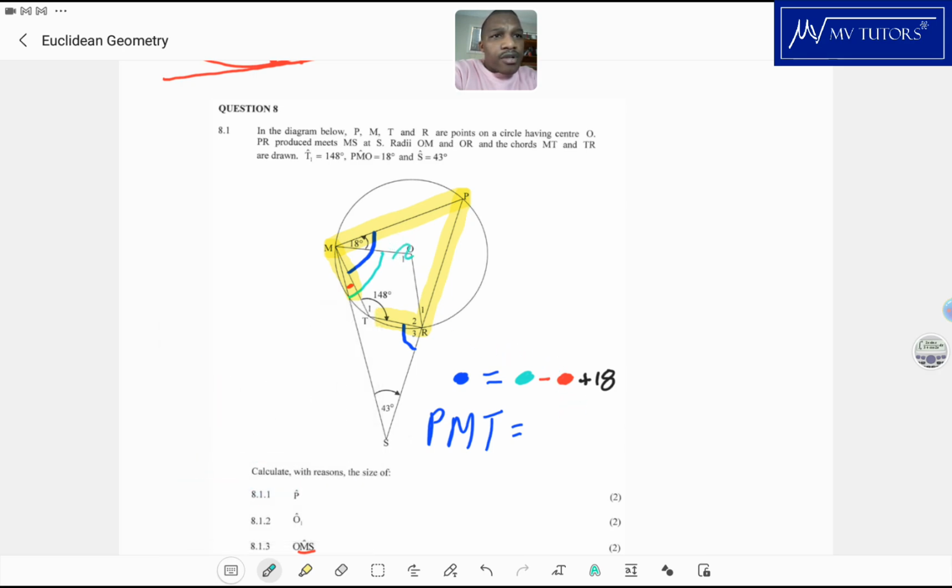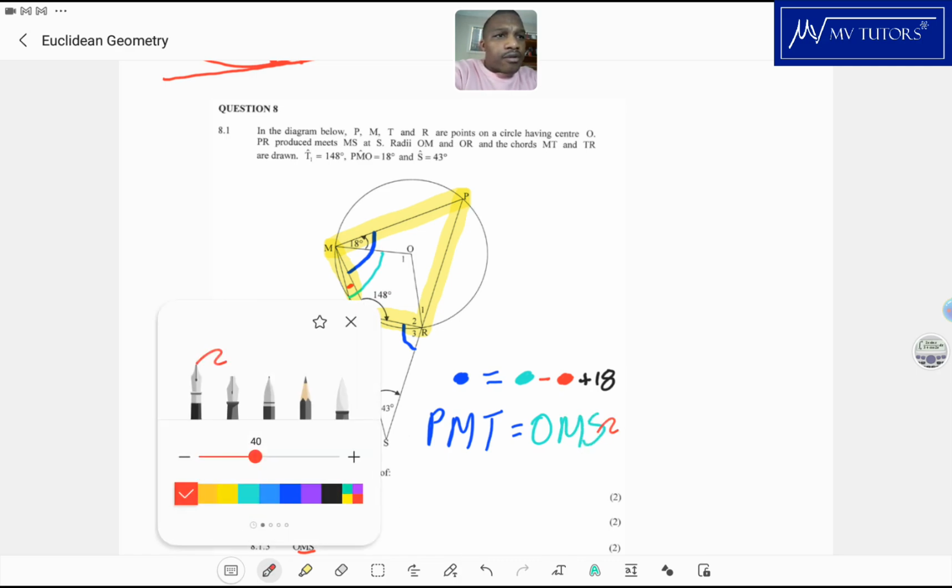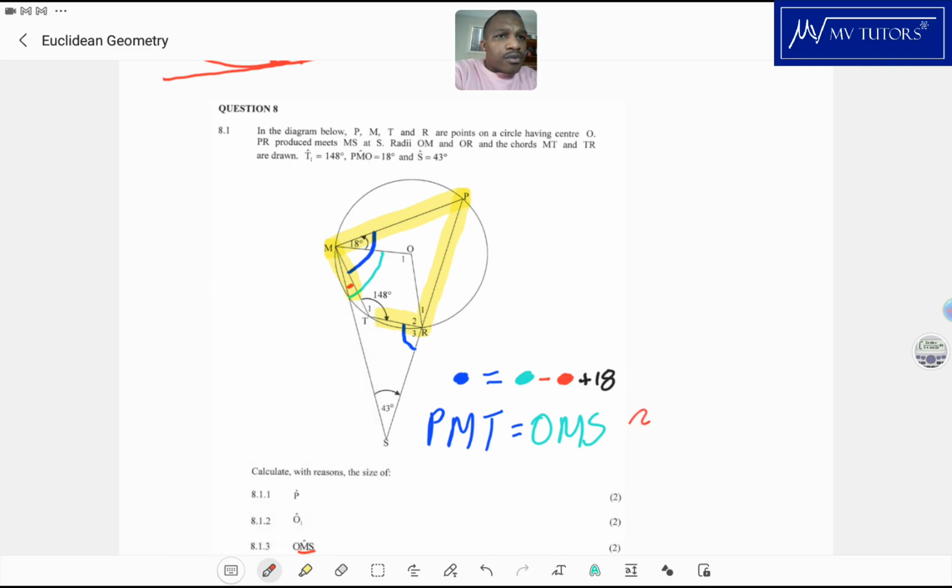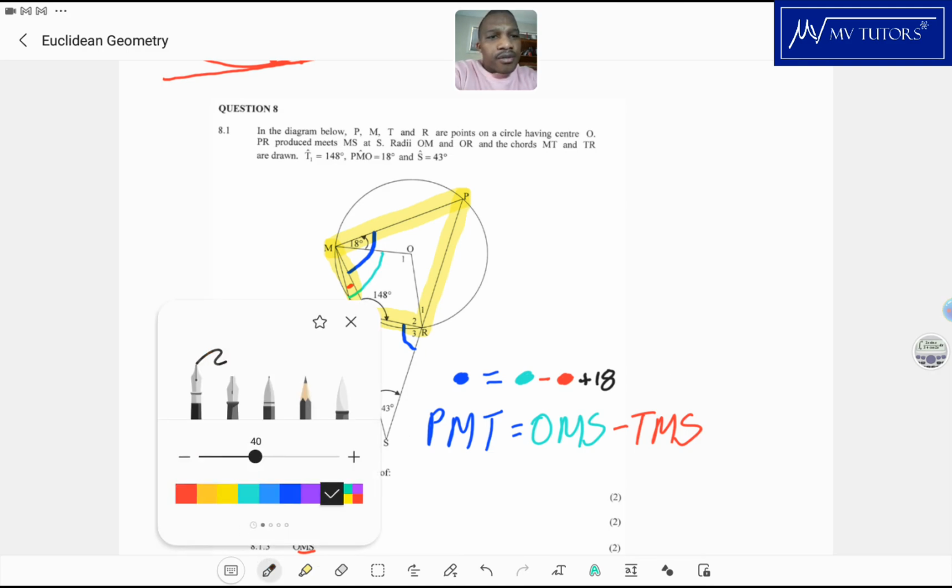The green angle is OMS minus the red angle, which is TMS. And then plus 18.